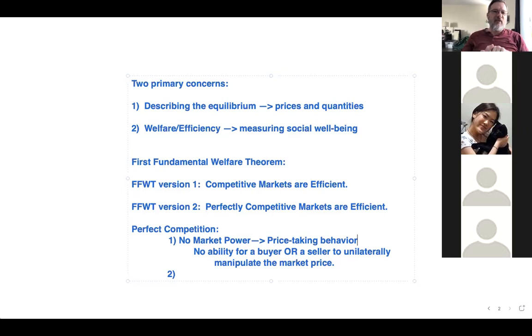What price taking behavior means is that whether you're a consumer or a producer, you look out at the market price and you just accept that that's the prevailing price and that you can't do anything about it. So you accept it and then you decide either to transact or not transact at that price. Okay. So perfect competition has no market power, or it has price taking behavior.